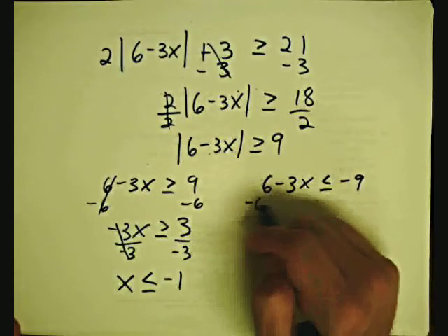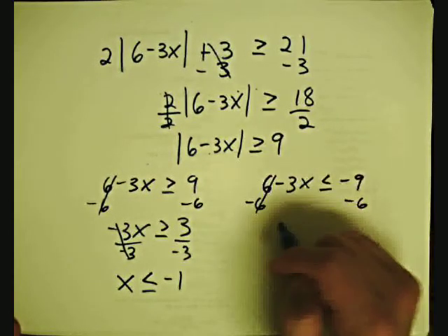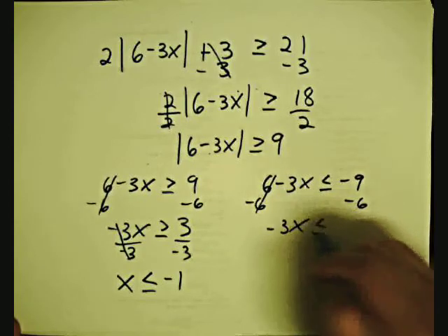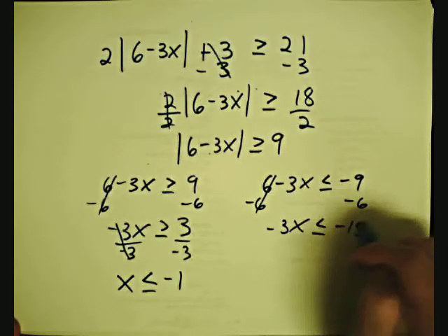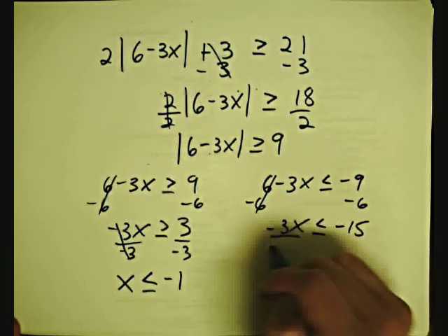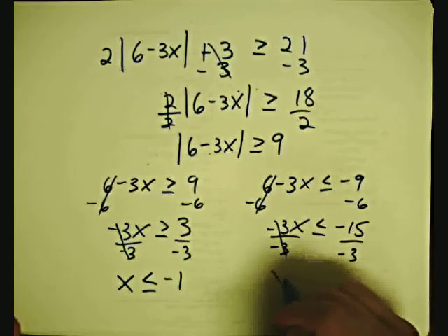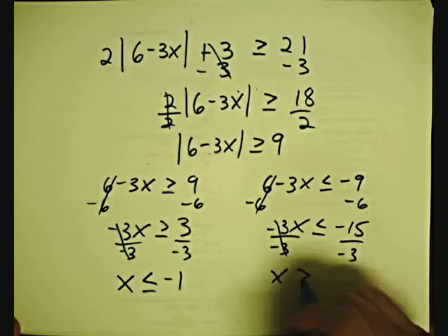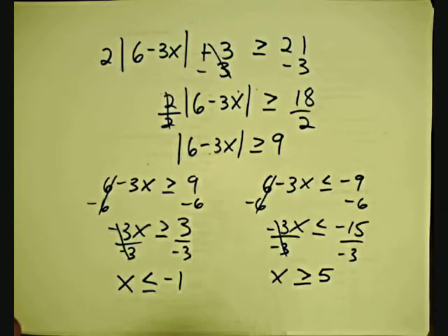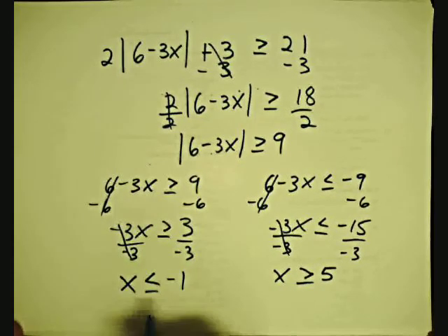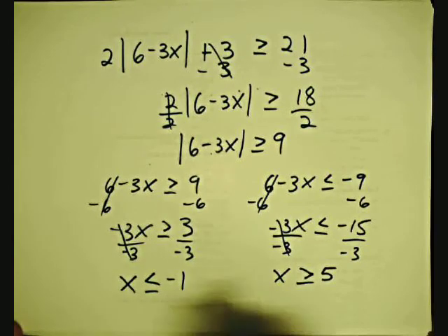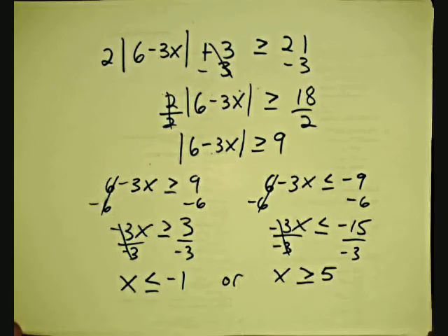Here, subtract 6. Negative 3x is less than or equal to negative 15. Divide by negative 3. And we have x is greater than or equal to positive 5. Okay, so x is less than or equal to negative 1, or x is greater than or equal to 5.